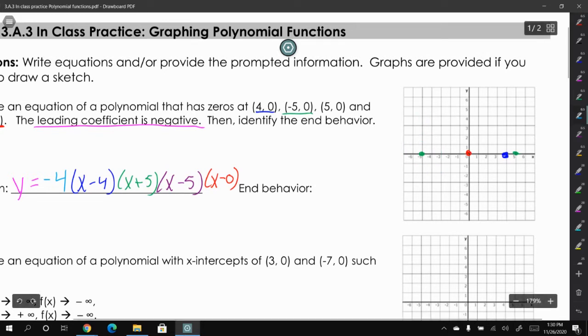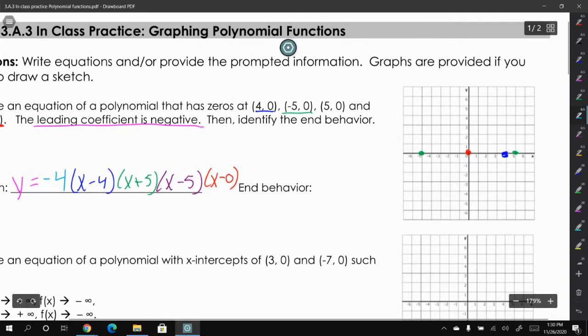So then when we graph this, because our leading coefficient is negative, the right side is going to go down, and we just draw our graph. Don't worry about how you knew to go up that high over there or down this low over here. I'm more concerned about your behavior at your x-intercepts.